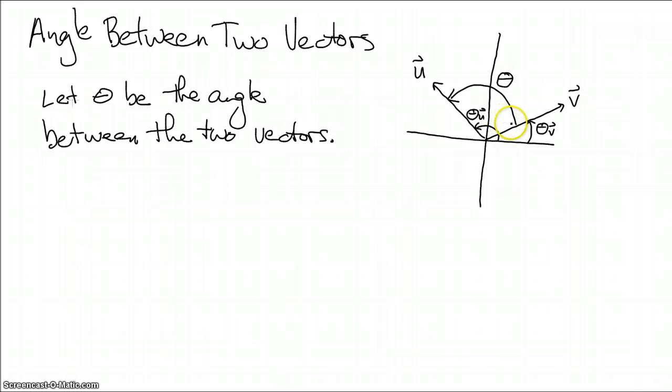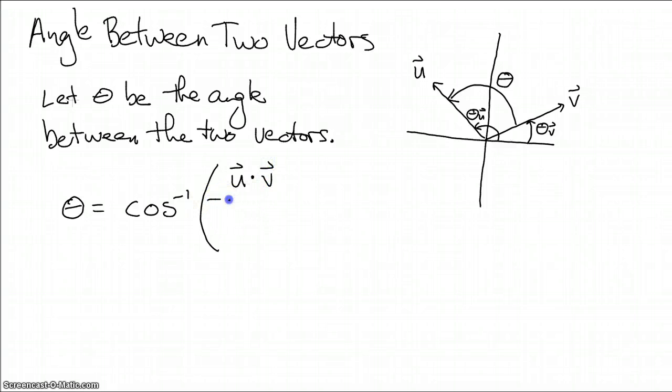But if we use a little trig, and I'm not going to go through the derivation of this formula in this video, we can come up with a formula for theta, where theta is going to be the cosine inverse of the dot product of our two vectors divided by the magnitude of u times the magnitude of v.